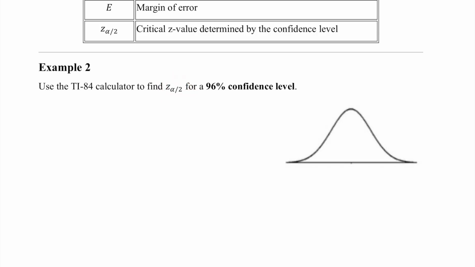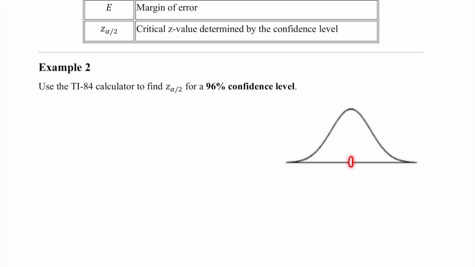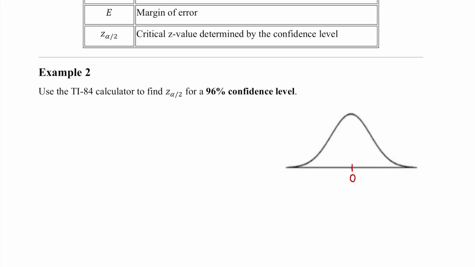So when we draw the graph, we place 0 in the center. A 96% confidence level means 96% of the area under the normal curve is in the middle. So this area is 96% or 0.96.